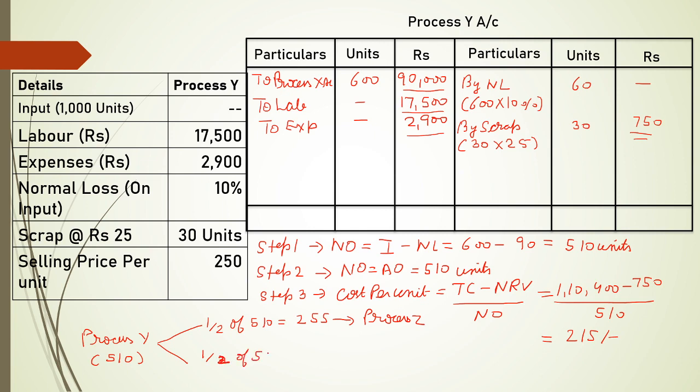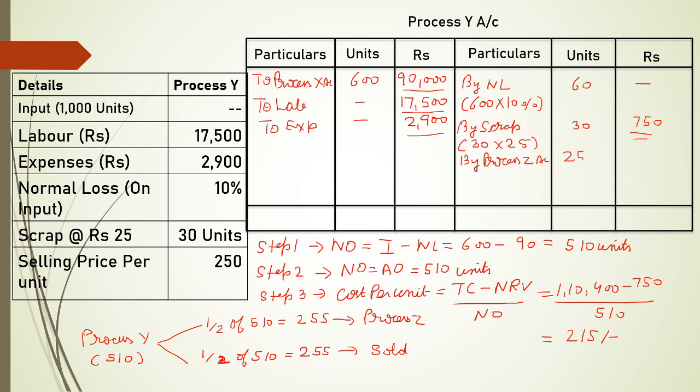Half of 510, which is again 255 units, is sold out in the market through the costing P&L account. So our first entry is by transfer entry, by process Z account.